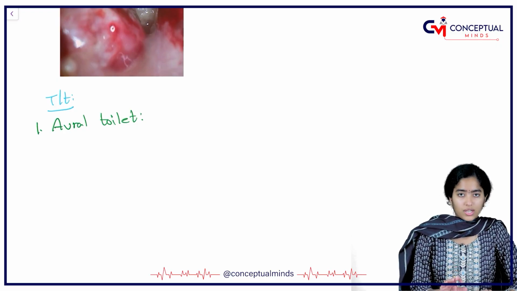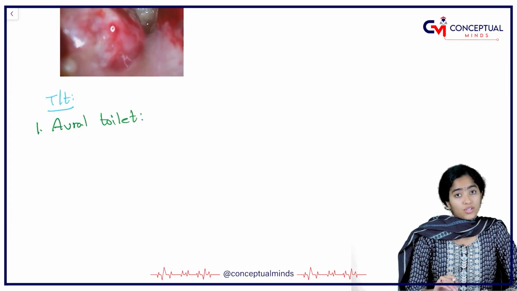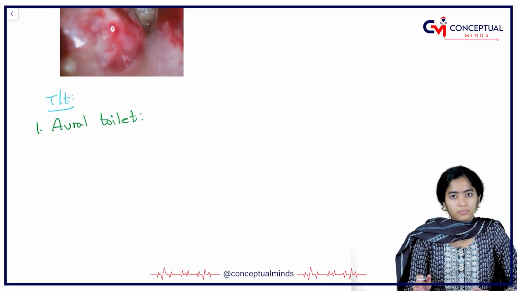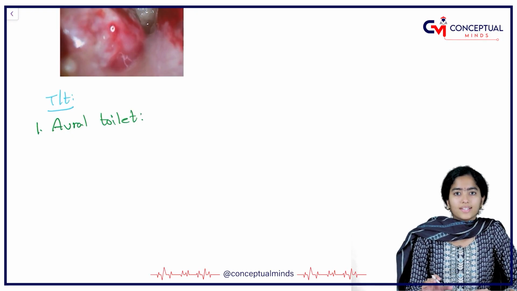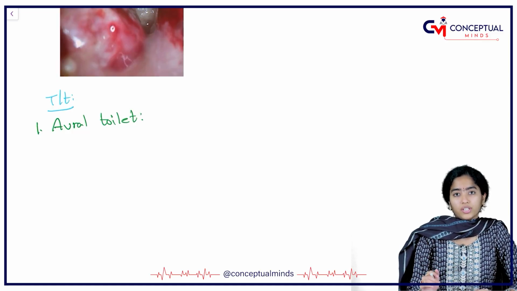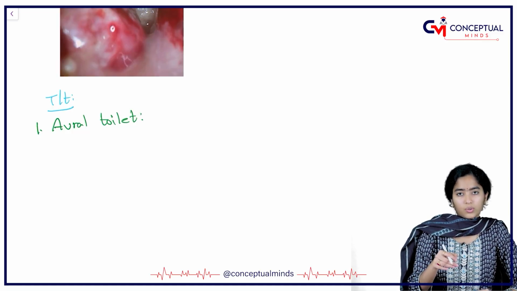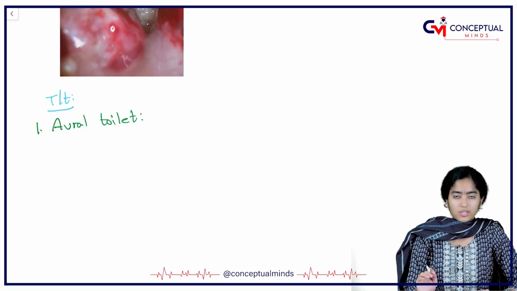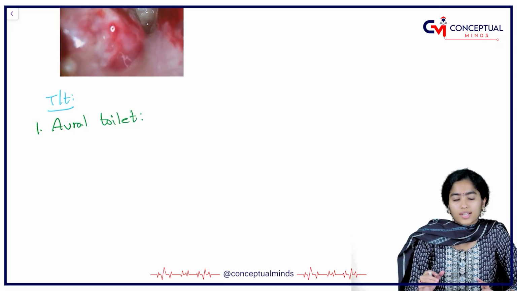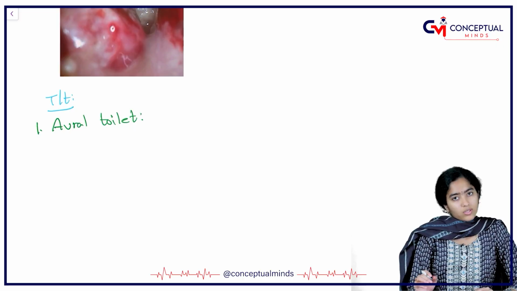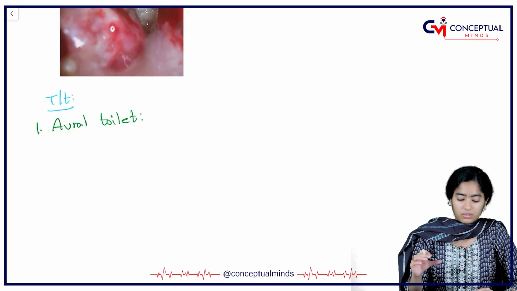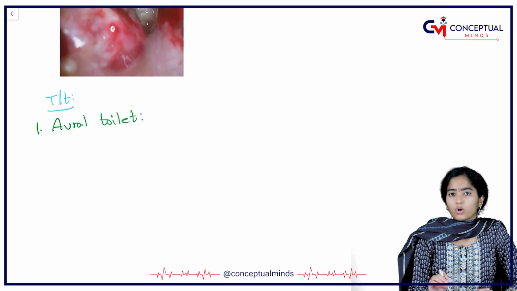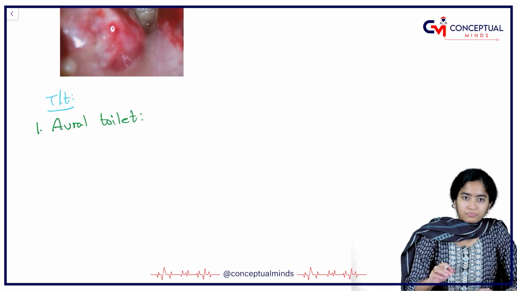It has to be done gently, because if we do it harshly, it can cause further trauma and infection. And it has to be done meticulously in the sense that the antero-inferior recess, which is slightly hard to access because it is beyond the isthmus, is the area where all the secretions get pulled up. So that area also has to be specially cleaned during aural toileting.